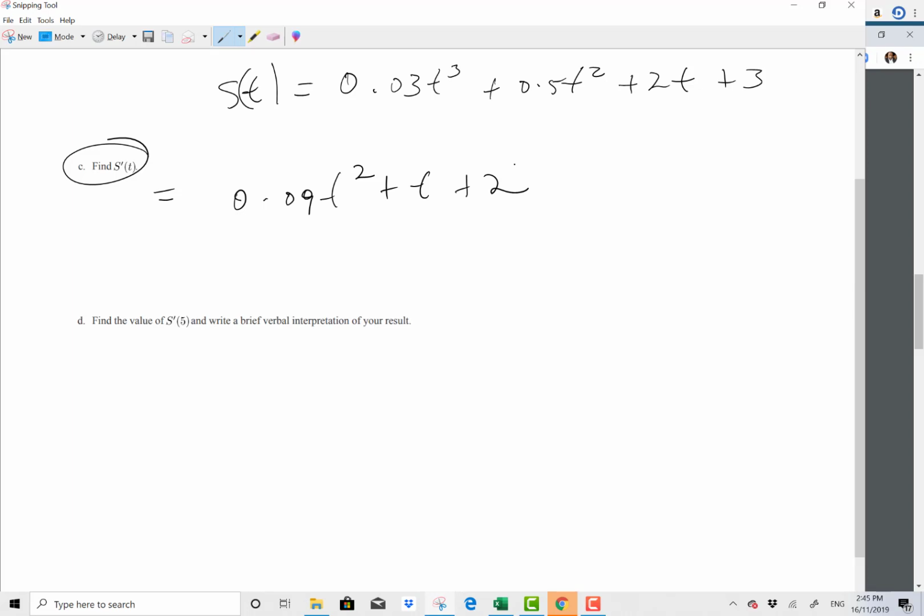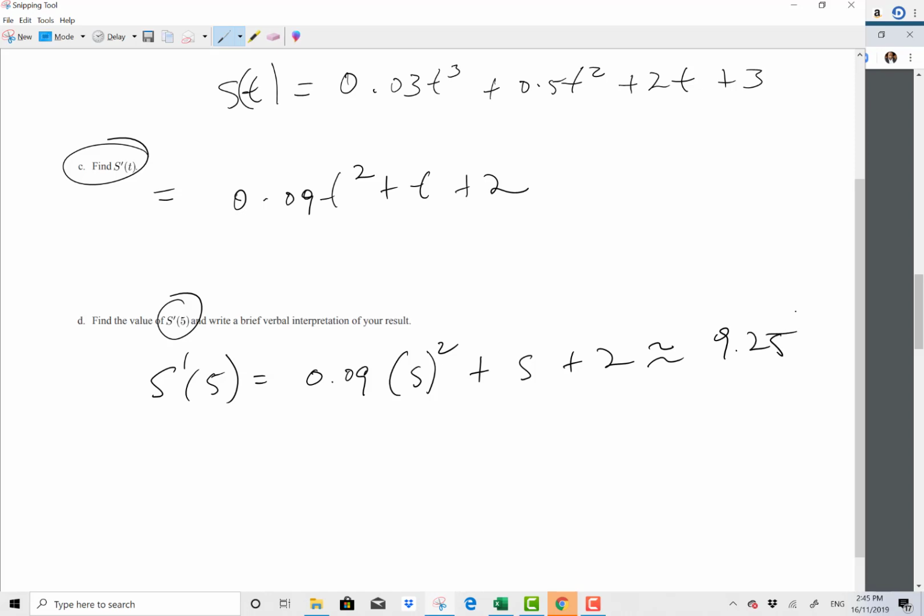So that's my derivative. What I need to do now to find S prime of 5 is to plug in 5 in the expression right there. So this is going to be 0.09 times 5 squared plus 5 plus 2, which is approximately equal to 9.25, if I work that out.